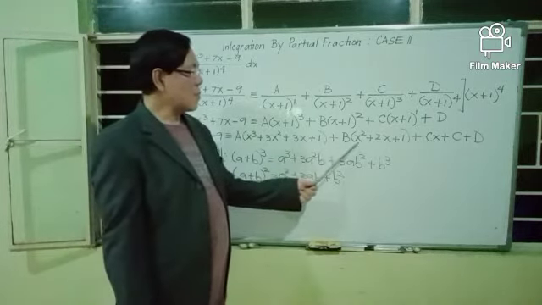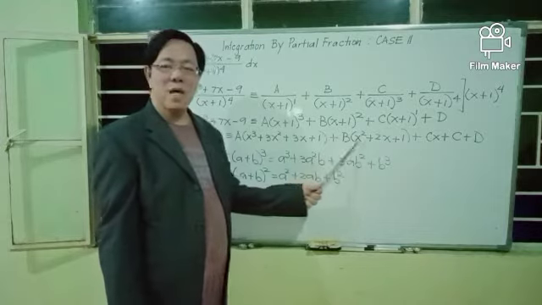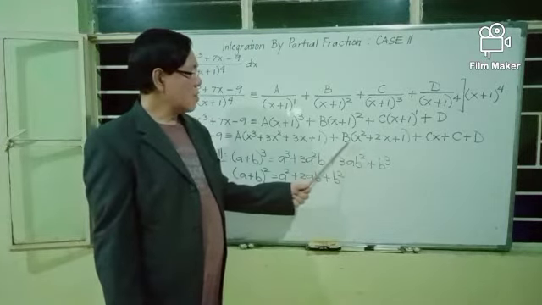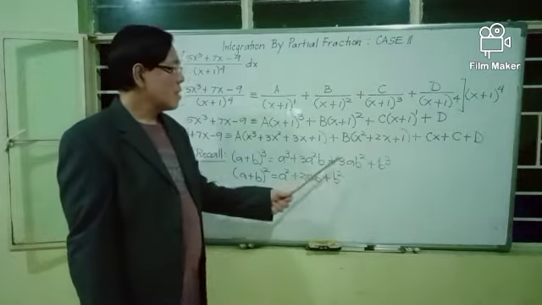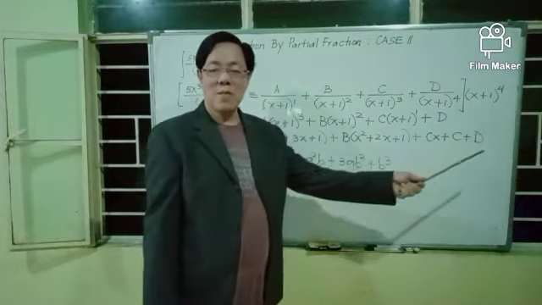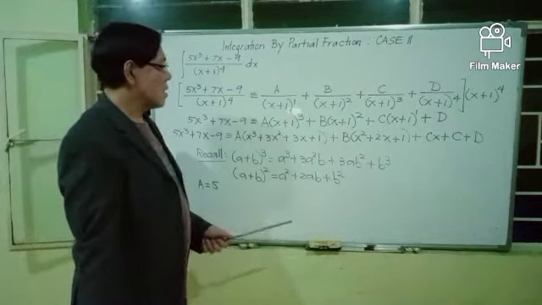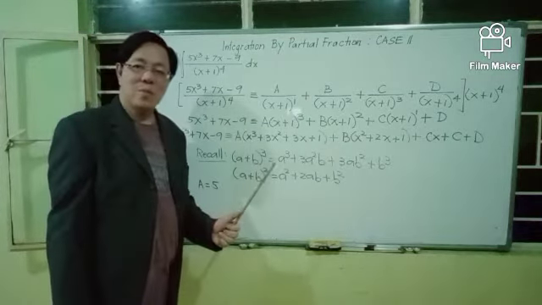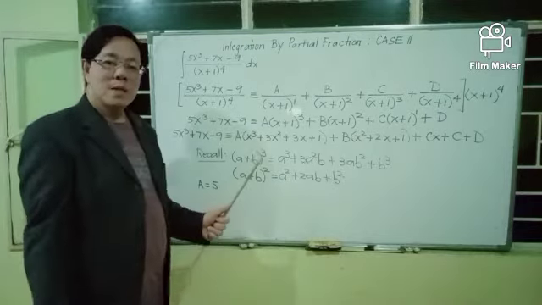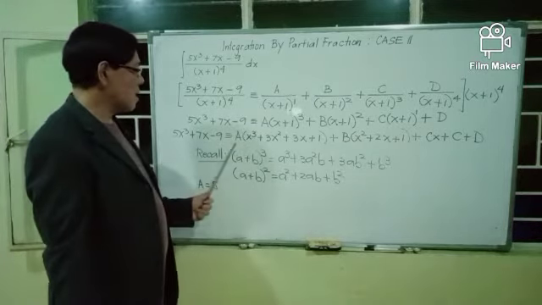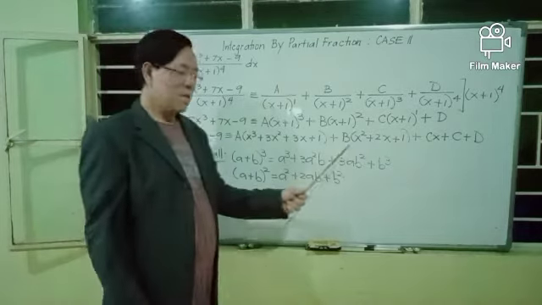And here, if you multiply x^2 by b, you get bx^2. And so the coefficient of x^2 for this term is b. And the rest of the terms have no x^2. So the coefficient of x^2, if you factor out x^2 as a common factor, is 3a + b.